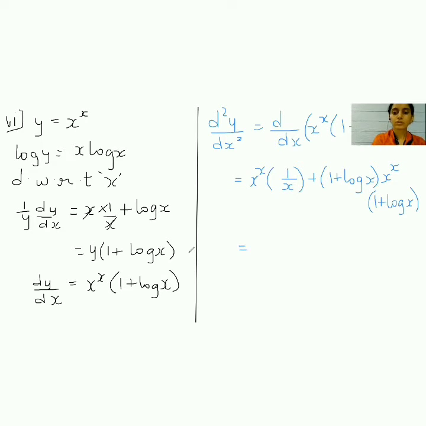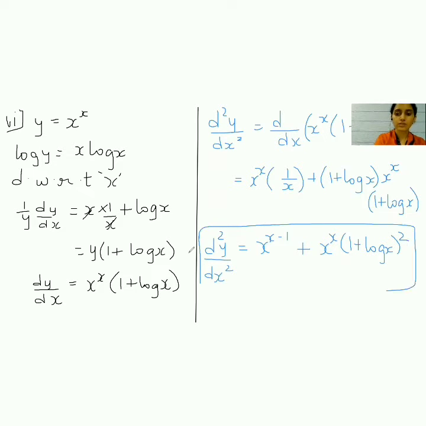Yes. So what is the answer? X raised to x minus 1 plus x raised to x 1 plus log x the whole square. Okay, this is d2y by dx square, right? So this is your sixth sum.